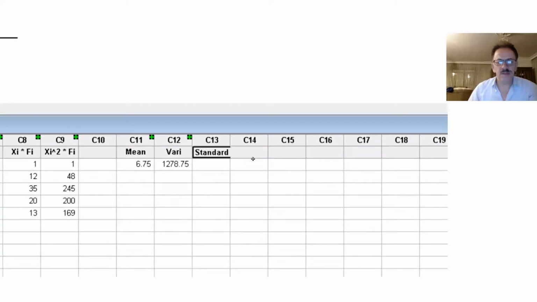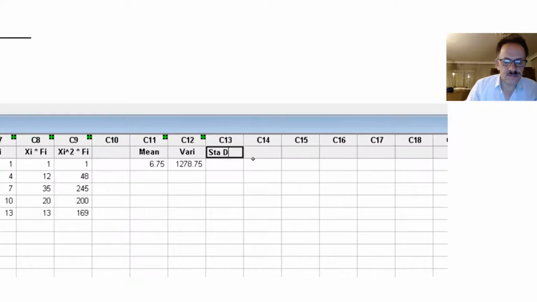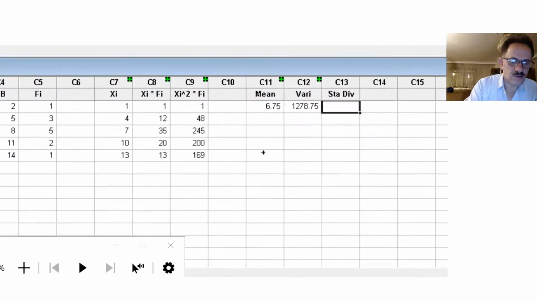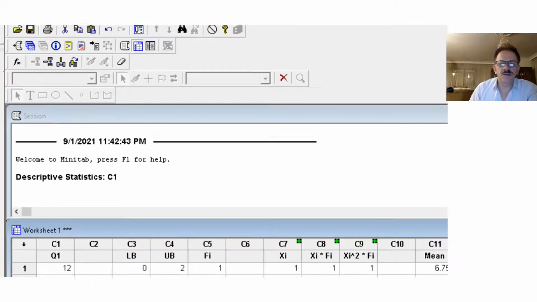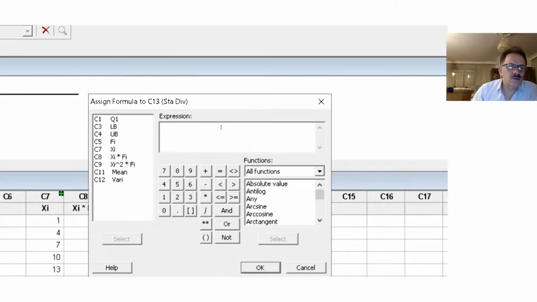Now what we need is the standard deviation, and basically the standard deviation is equal to the square root of the variance. So I will go also with this one.